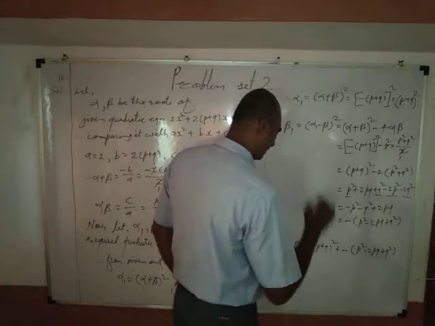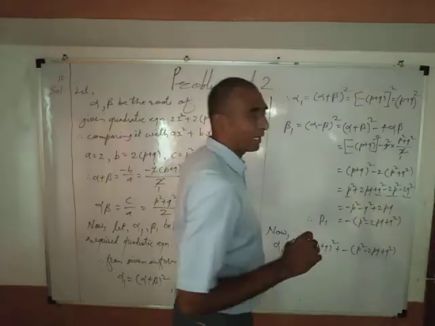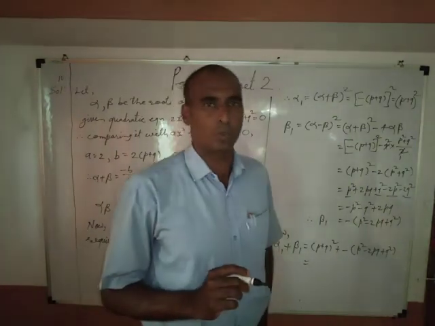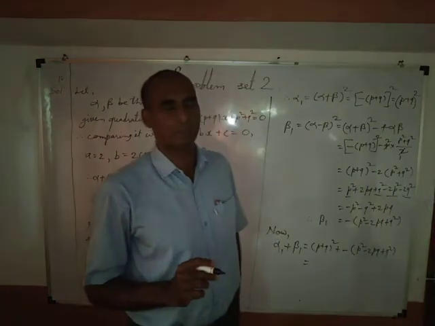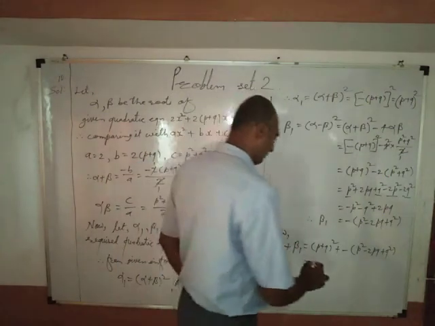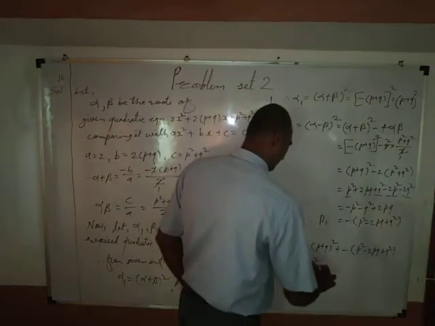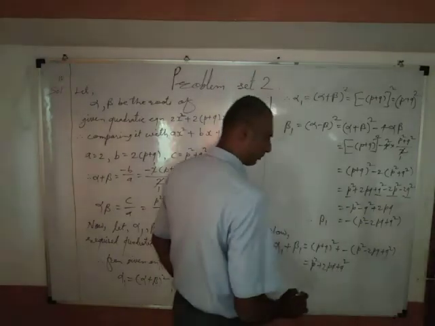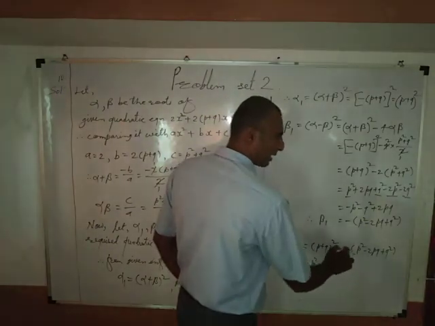On simplification, (p plus q) bracket square is in the form of (a plus b) bracket square whose expansion is a square plus 2ab plus b square. Just like that it will be p square plus 2pq plus q square. Now plus into minus is minus.